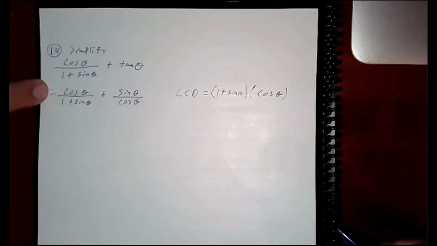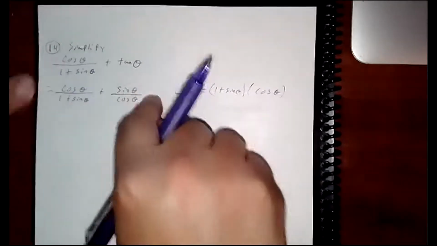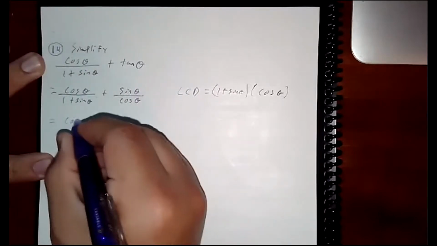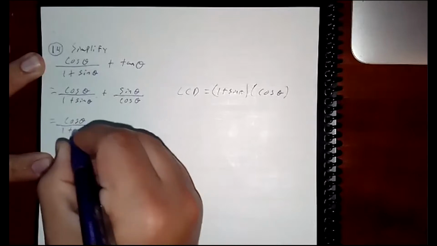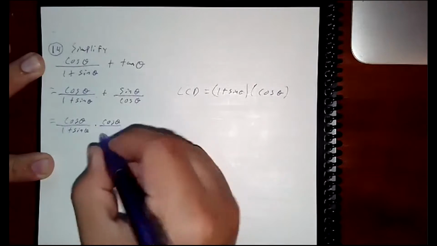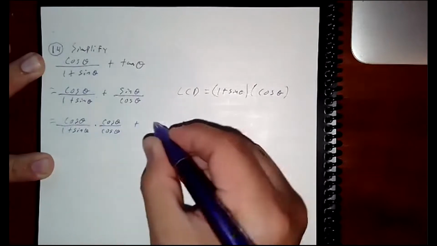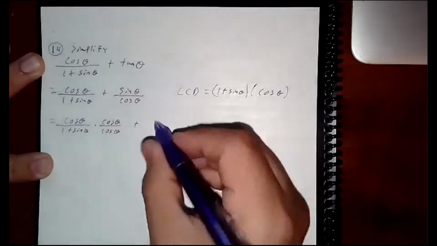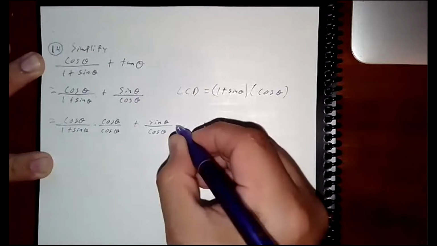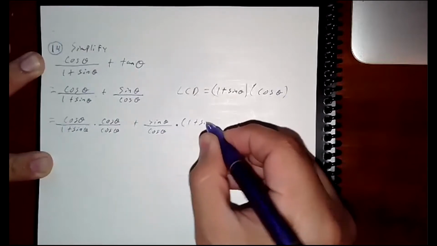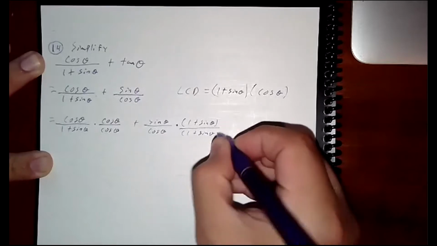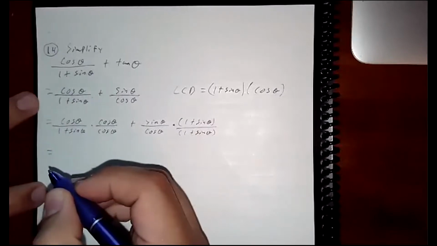So I need to introduce the cosine to that first fraction and the 1 plus sine theta to the second fraction. So here we go. Get the LCD going.